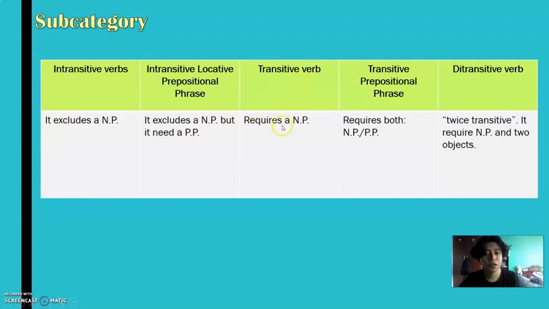This part only requires a noun phrase. And next is the transitive prepositional phrase. This requires both: the noun phrase and a prepositional phrase. And the last is the ditransitive verb, which requires a noun phrase and two objects.